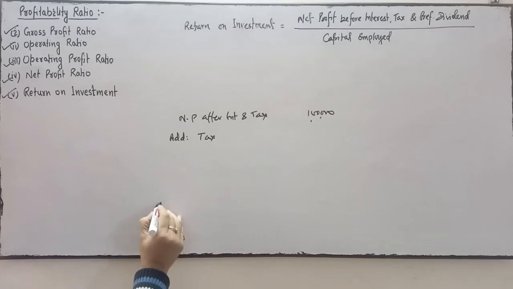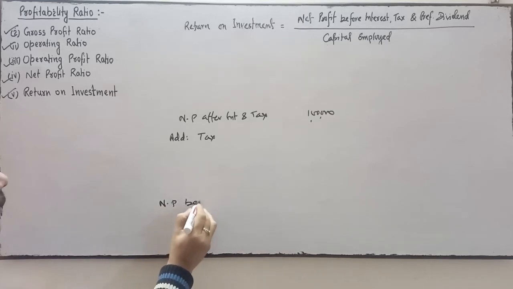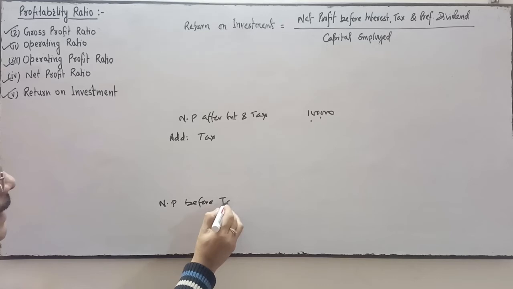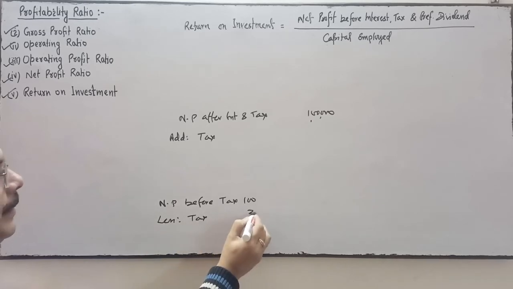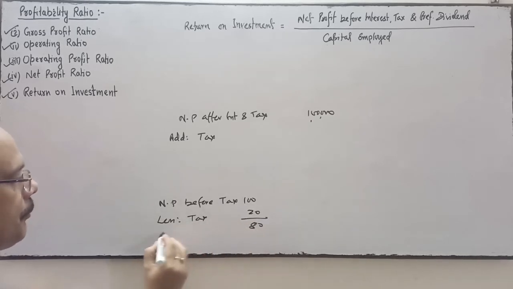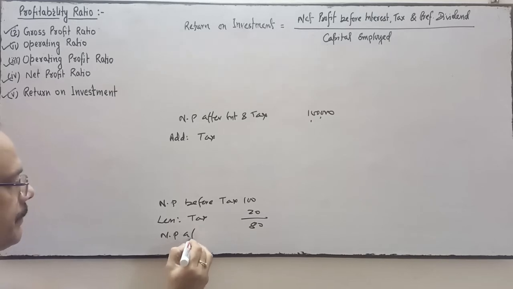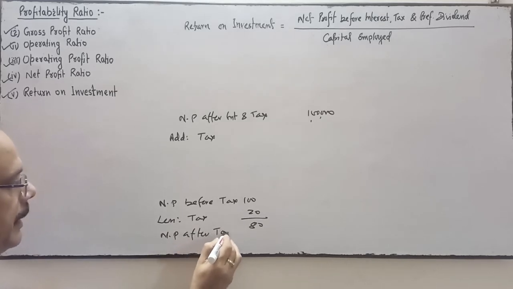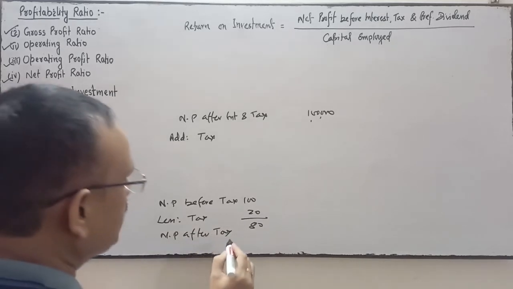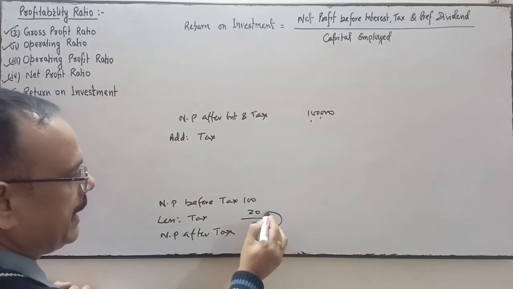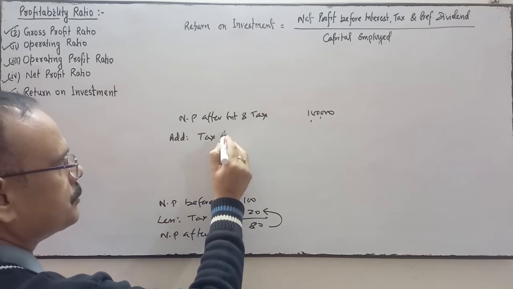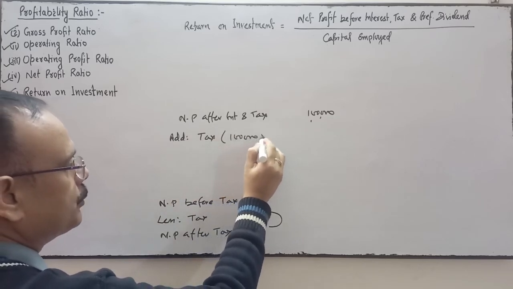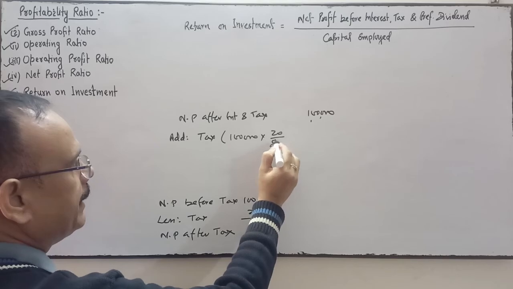Suppose net profit before tax is 100, then tax is 20. So it means net profit after tax is 80.